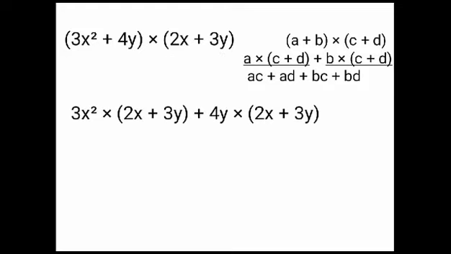First take the first term of the first bracket and multiply the whole second bracket, then take the plus sign, and again take the second term of the first bracket, 4y, and multiply the whole second bracket. Remember this.